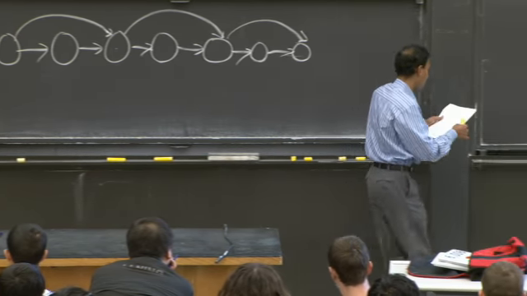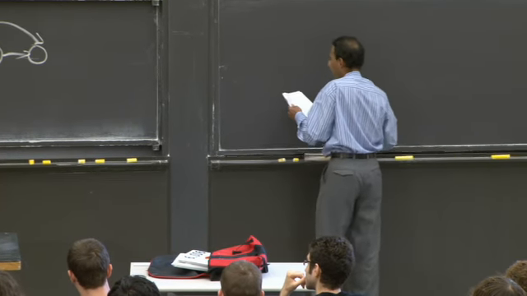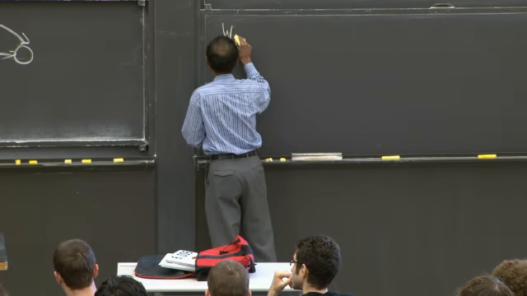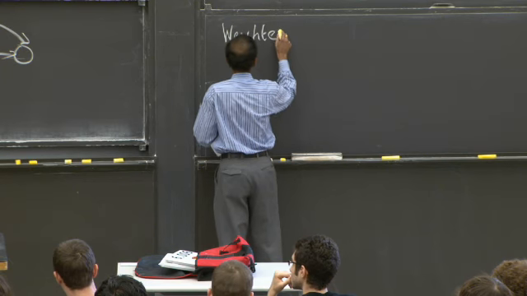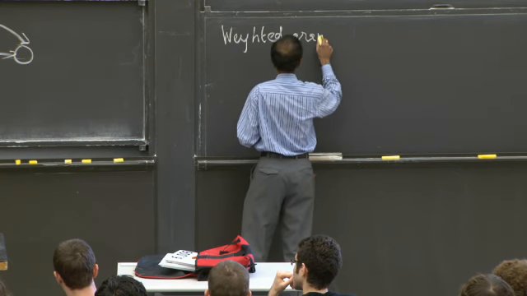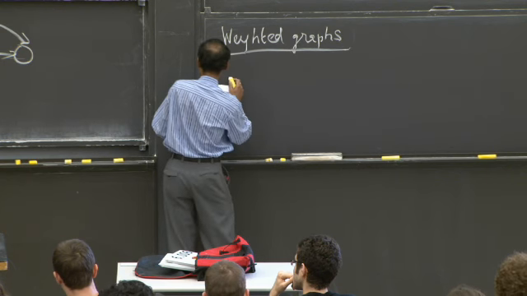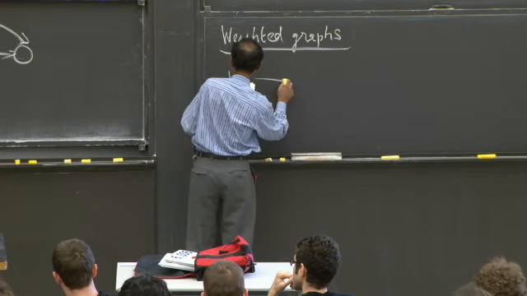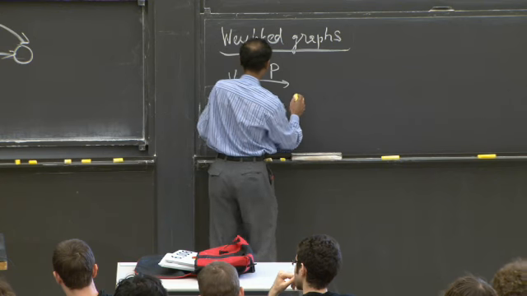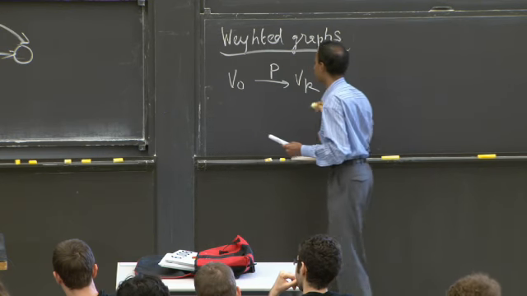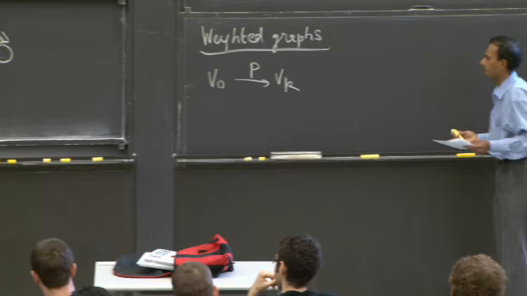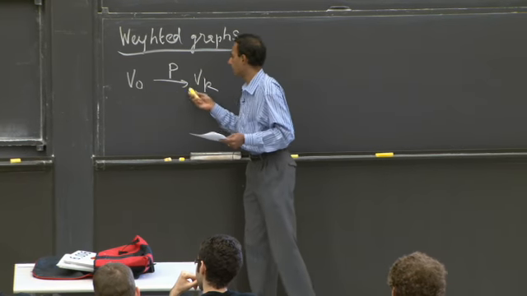Let's talk a little bit more about weighted graphs. I want a little bit more notation. And what I have is V0 using path P to Vk. So I'm going to write that to say that there's a particular path of V0 to Vk.